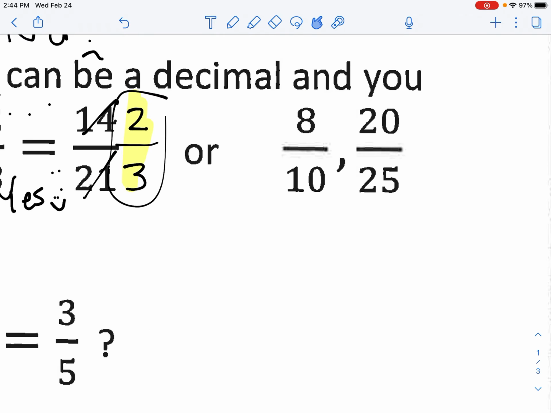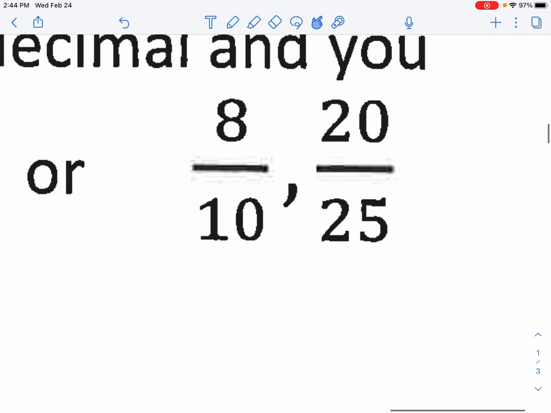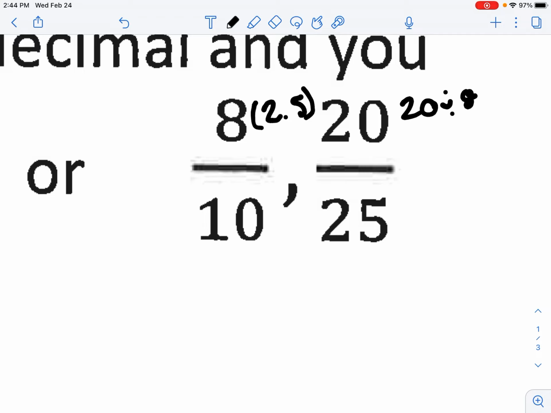All right, what about 8 to 10 and 20 to 25? If you're using the common multiplier and you can't think of a number that you can multiply 8 times to get 20, you can work backwards. And you can do 20 divided by 8. So on my calculator, 20 divided by 8 says times 2.5. 8 times 2.5 is 20, and 10 times 2.5 is 25.